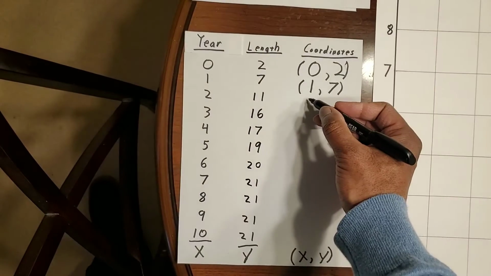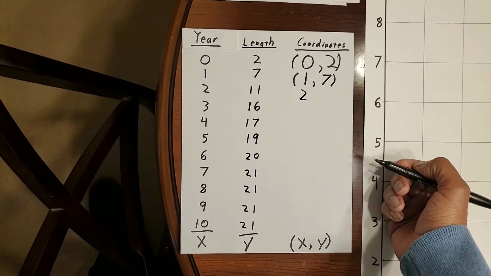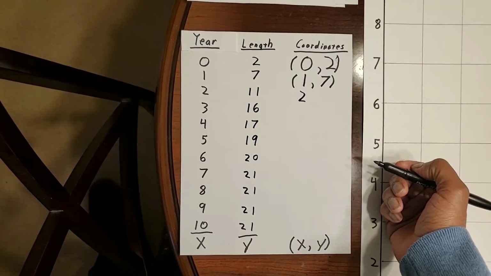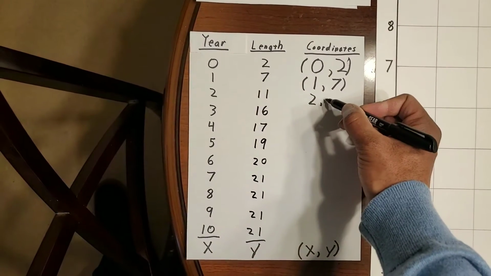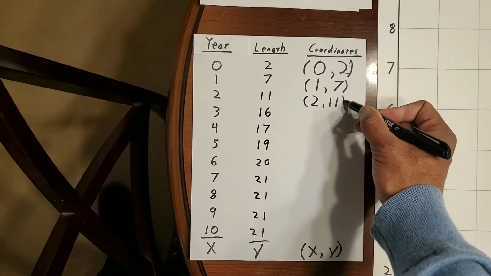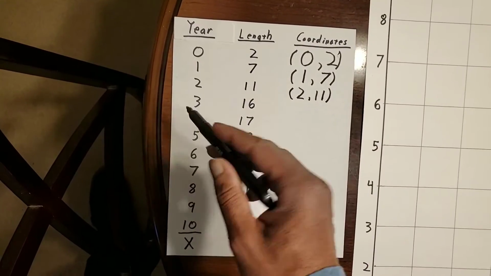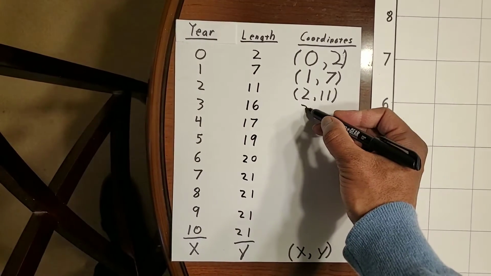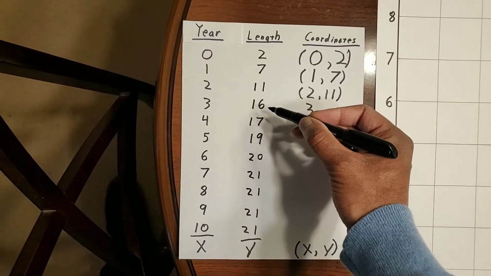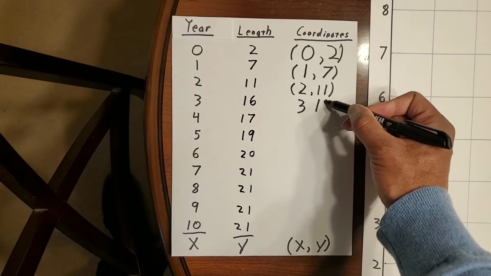In year 2, how long will it be? By year 2, it will be 11 inches. So the coordinates. Okay, let's look at year 3. How long will it grow in year 3? It will grow 16 inches.